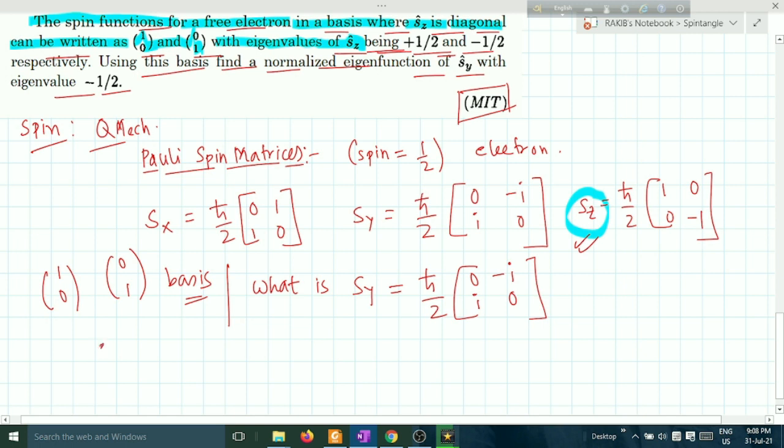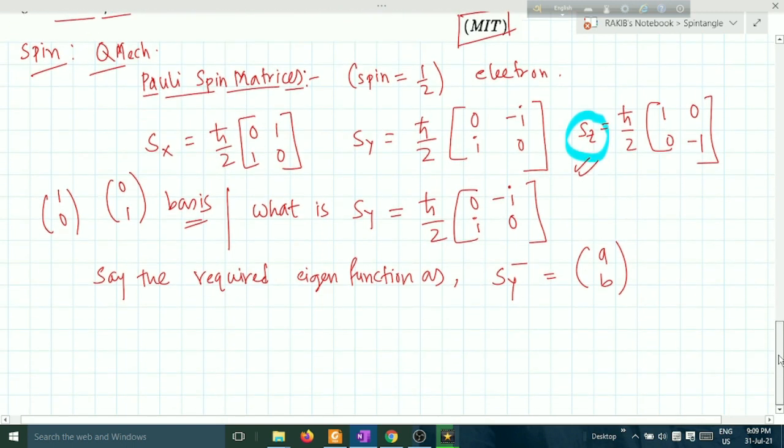Say the required eigenfunction is the state Sy minus, equal to (A, B).